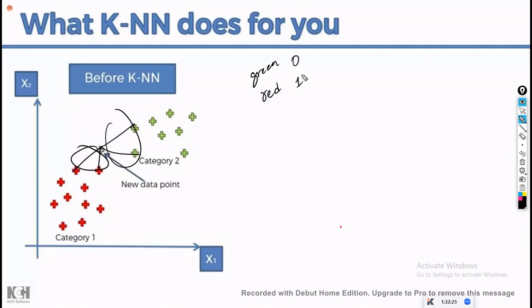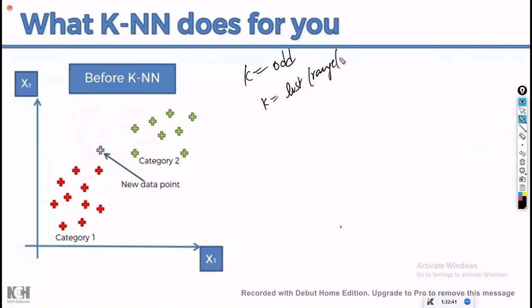Is that clear? Generally, for the k value, we are going to select odd numbers. How do we select odd numbers? In hyperparameter tuning, give the k value as a list of range from 1 to 101 with an increment of 2. Automatically, only the odd numbers will be selected.